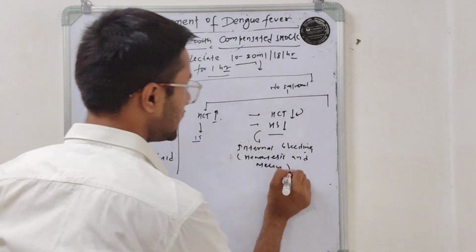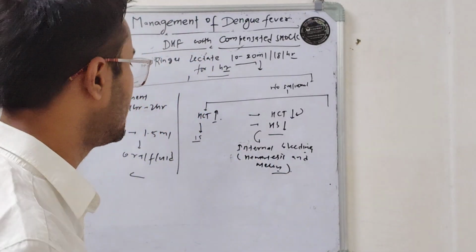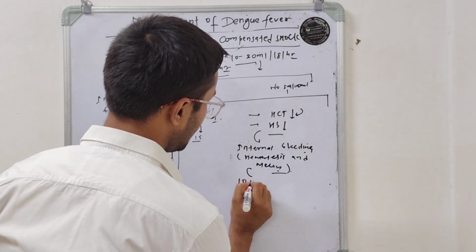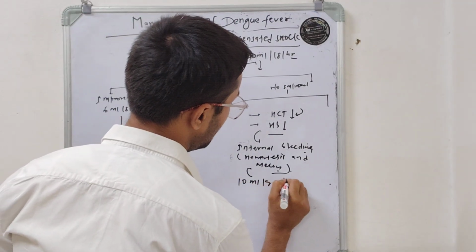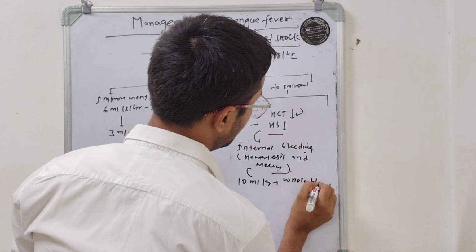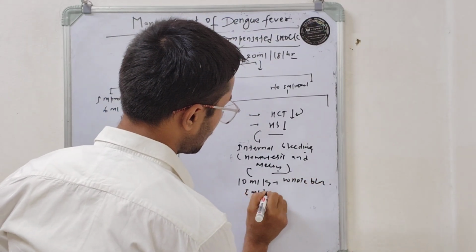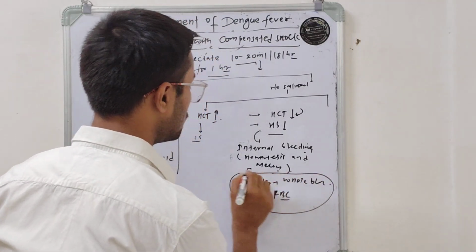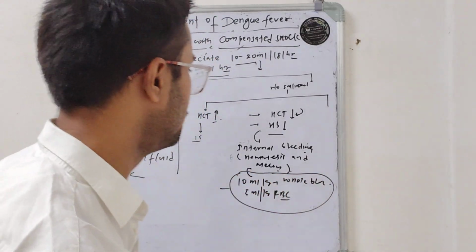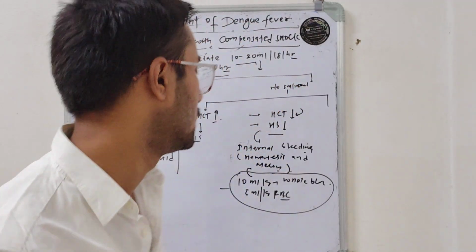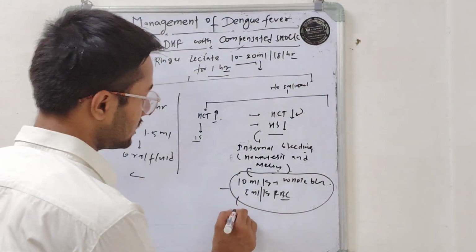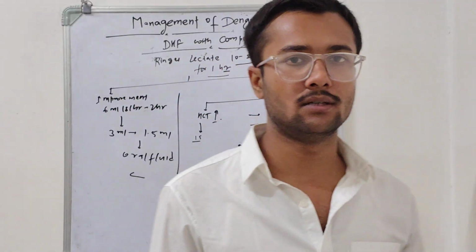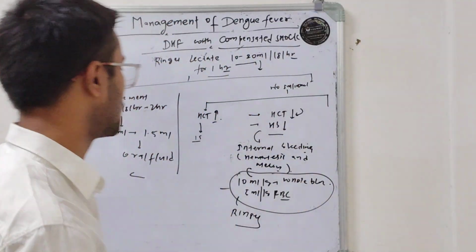If the patient shows internal bleeding, in that condition our approach is to give the patient 10 ml per kg whole blood, or 5 ml per kg RBC packs. So we go for these two things if we suspect internal bleeding. After that we again go for Ringer lactate fluids, and if improvement is showing we reduce its value, and finally we shift to oral fluids.